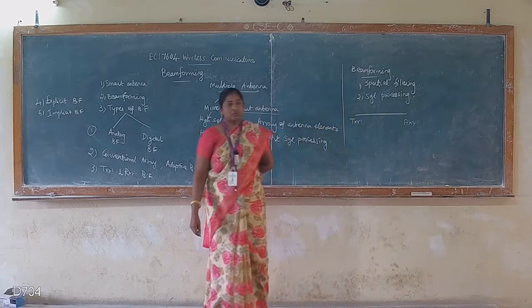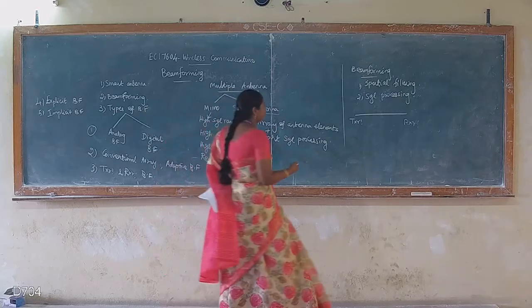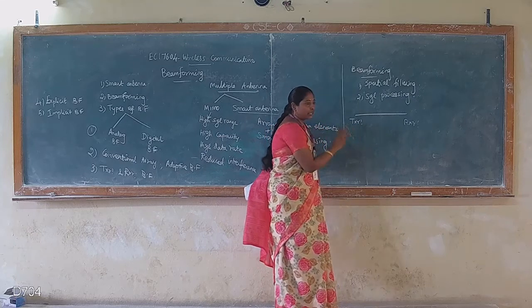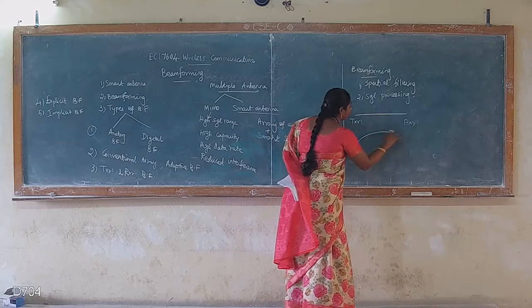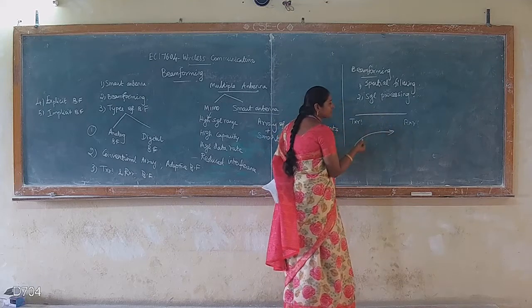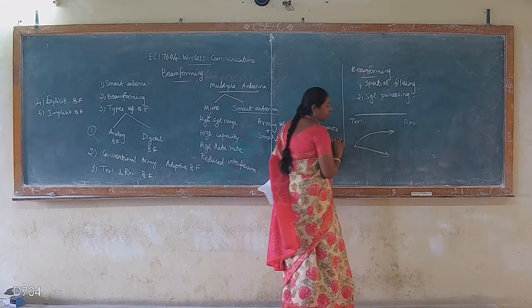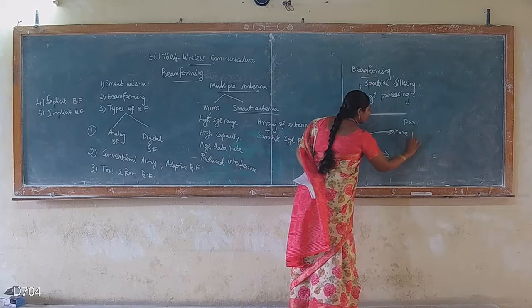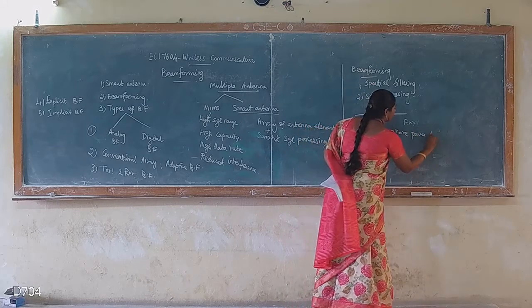That is the main aim of beamforming. How can we implement beamforming? It consists of an array of antenna elements. We have to combine the antenna elements in such a way that more power is transmitted towards the receiver target, which is your target user.